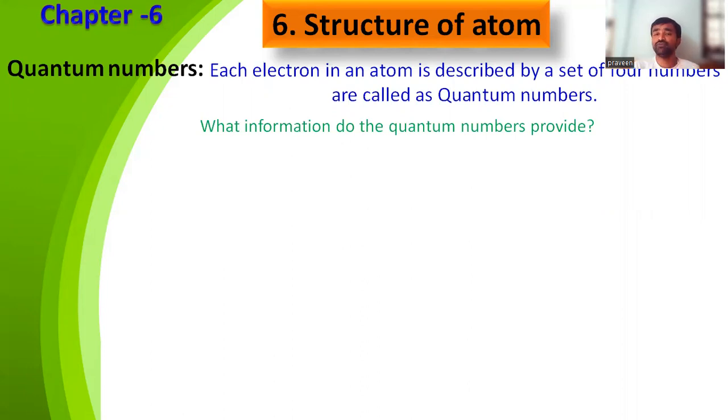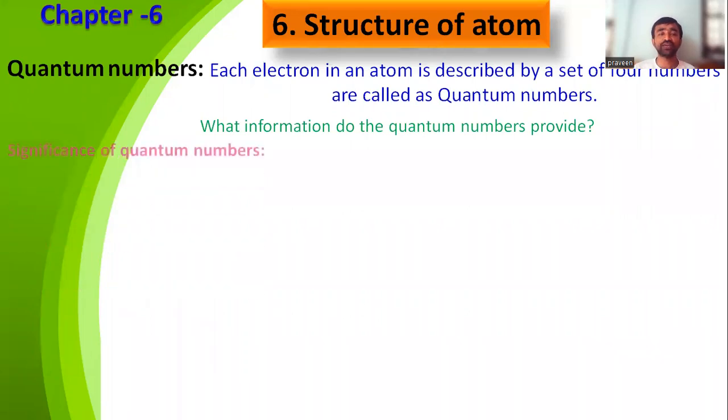Everything we can understand using these quantum numbers. Particularly, they give the address of the electron. They address the electron in the atom around the nucleus. So the significance of quantum numbers is to address the electron around the nucleus within the atom.